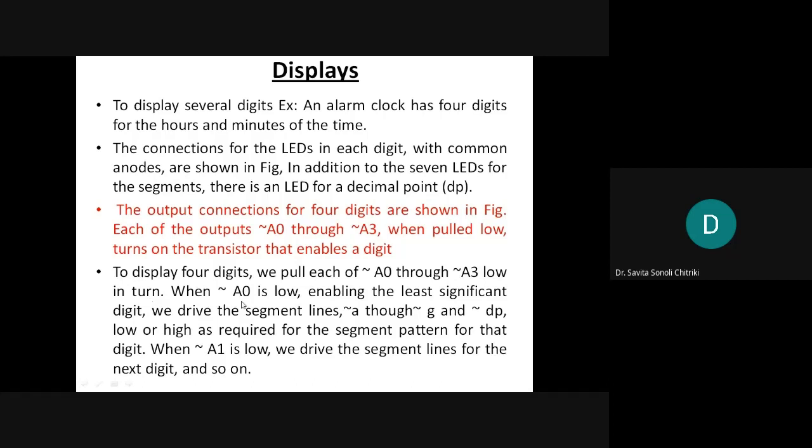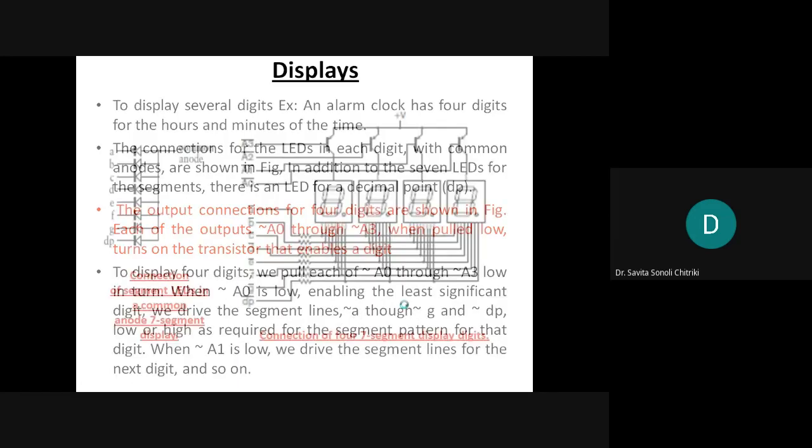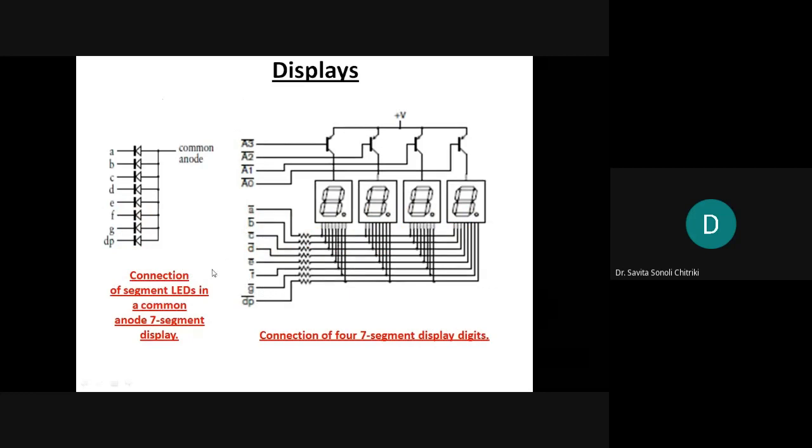When A0 is low, enabling the least significant digit, we drive the segment lines A through G, not of A through G. Look, since everything is active low, depending on this A0, A1, A2 and A3, these are all activated for display.